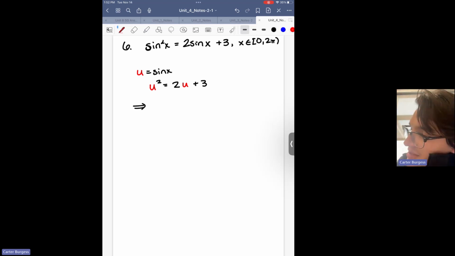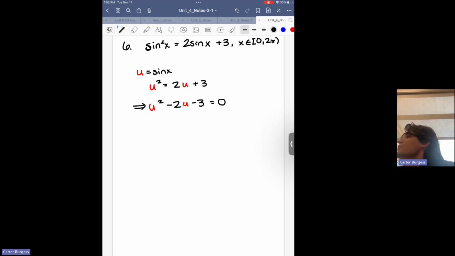This is that u squared minus 2u minus 3 is equal to 0. What are two numbers that multiply to make -3 that add to make -2?